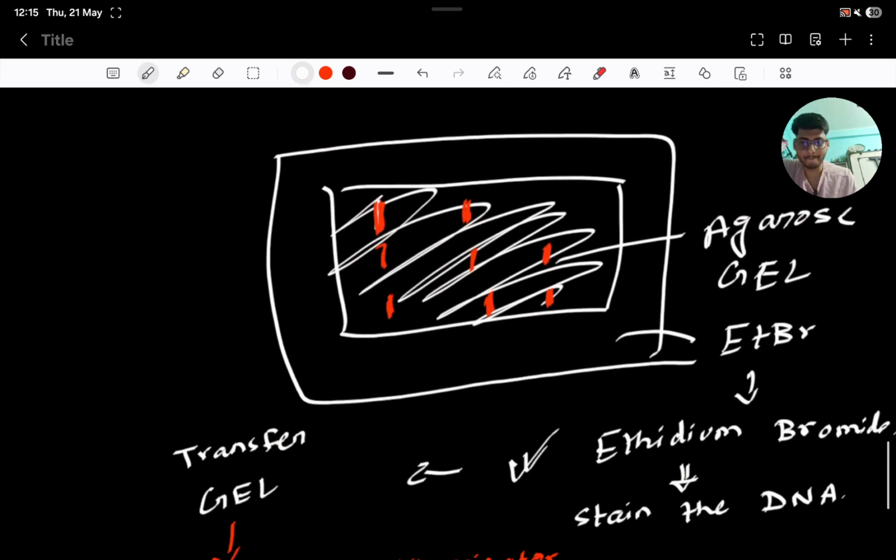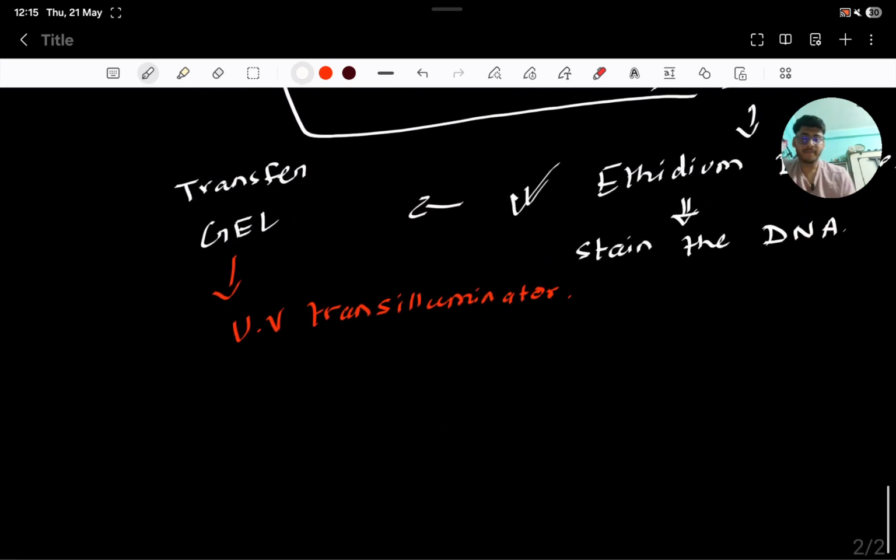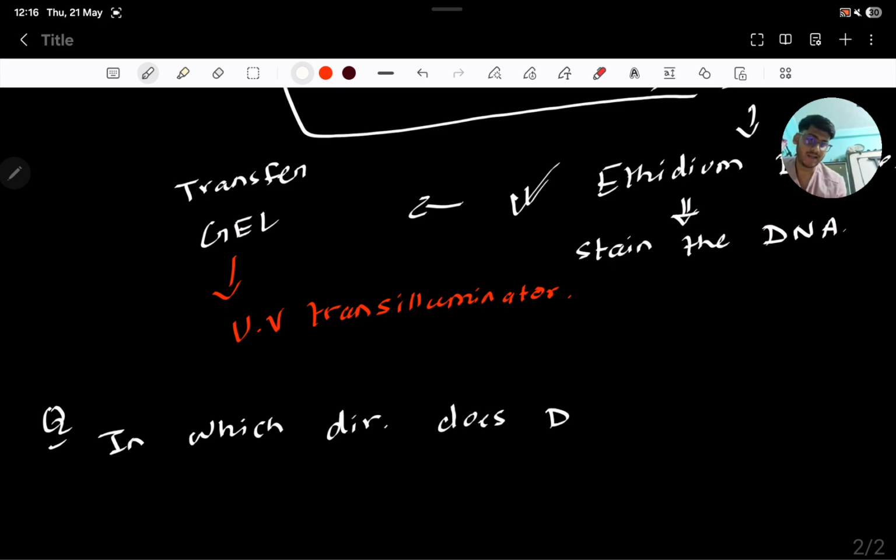So the first question, these all are NEET level questions. I am writing it for you: in which direction does DNA move during gel electrophoresis?